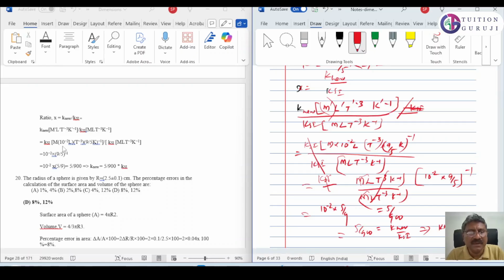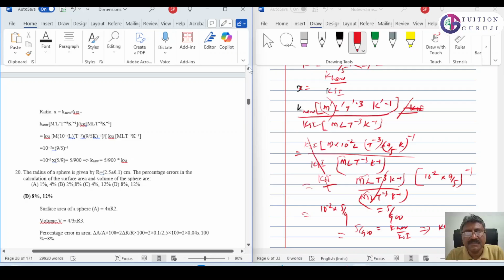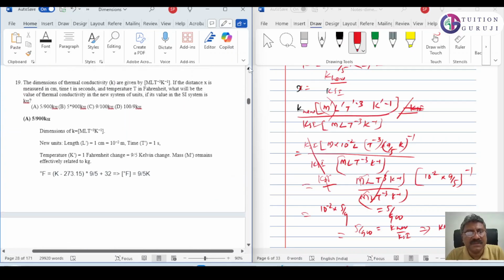So the ratio is 5 by 900. You can see the question: dimensions of thermal conductivity are given, and if the distance X is measured in centimeter, time in seconds, and temperature in Fahrenheit, what will be the value of thermal conductivity in the new system of units if its value in the SI system is K_SI? So it's 5 by 900 K_SI.